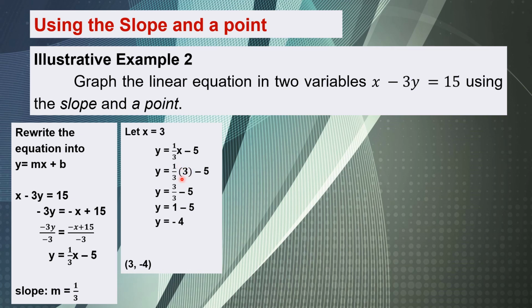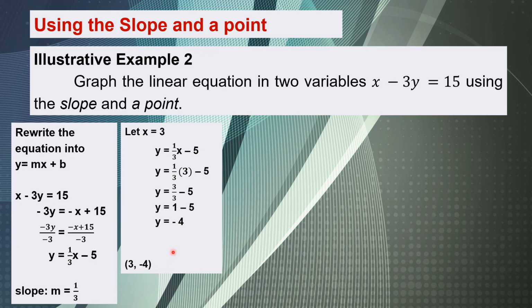At we all know that yung 3 dito ay may denominator na 1. So, multiplying now both denominator, 3 times 1 is equal to 3. And 3 divided by 3 is equal to 1. Then I just copied minus 5. And 1 minus 5 is equal to negative 4. So, meron na tayong point which is 3, negative 4.